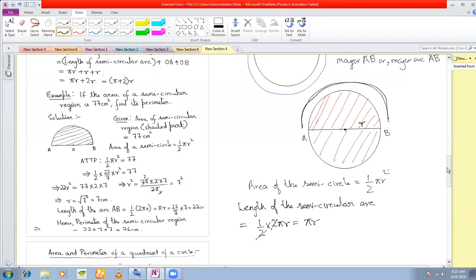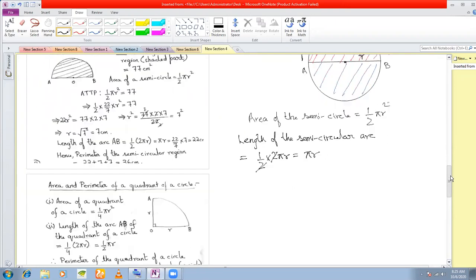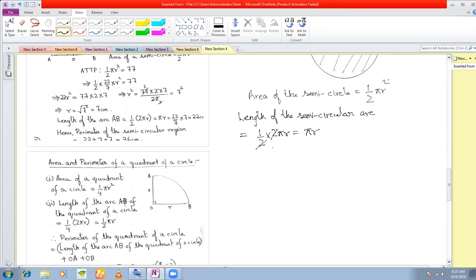Now remember there's a difference between the length of the arc and the perimeter of a semicircular region. What is the difference here?